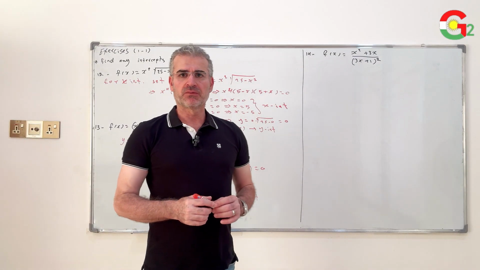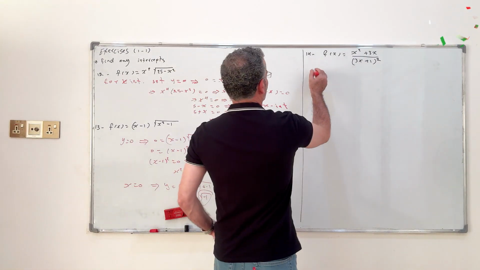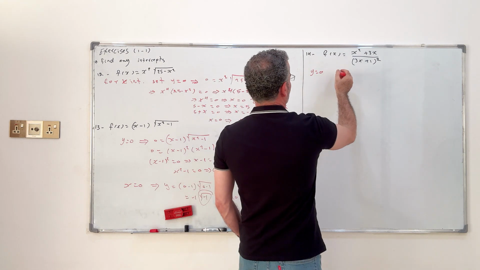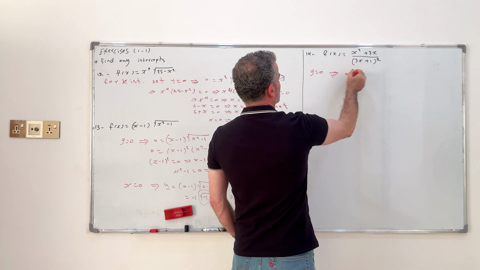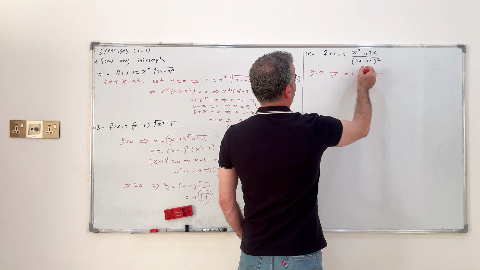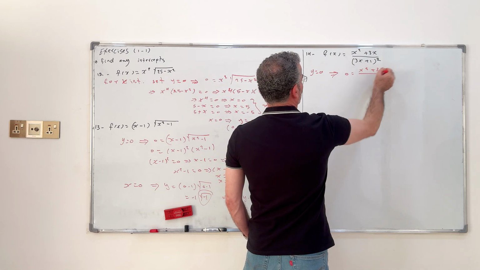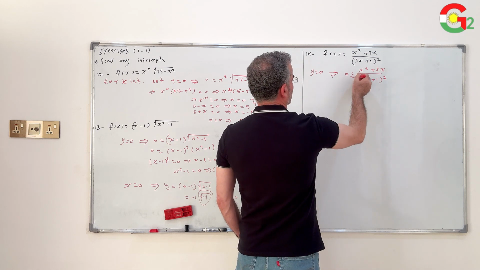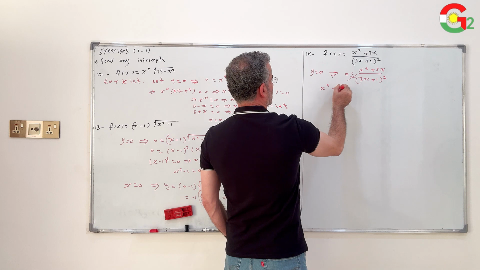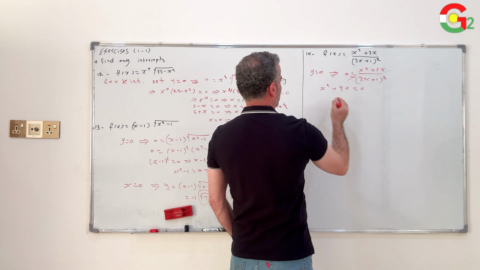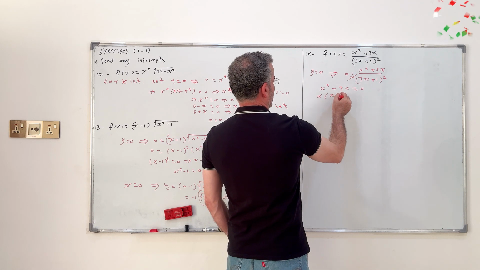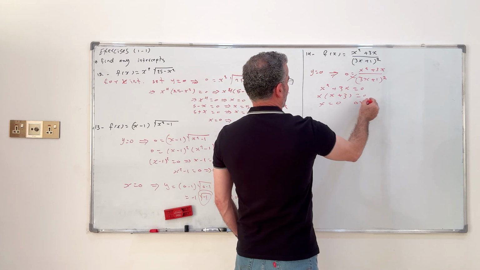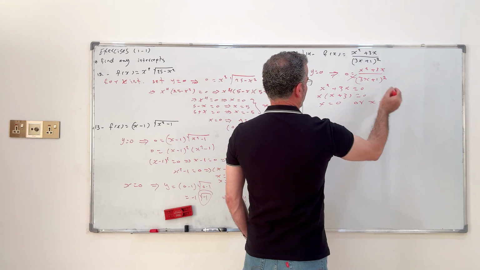Question number 14. For x-intercept, set y equals 0, then 0 equals x power 2 plus 3x over 3x plus 1 over power 2, then x power 2 plus 3x equals 0, cross multiplication, factorize by x, x plus 3 equals 0, either x equals 0 or x equals negative 3.